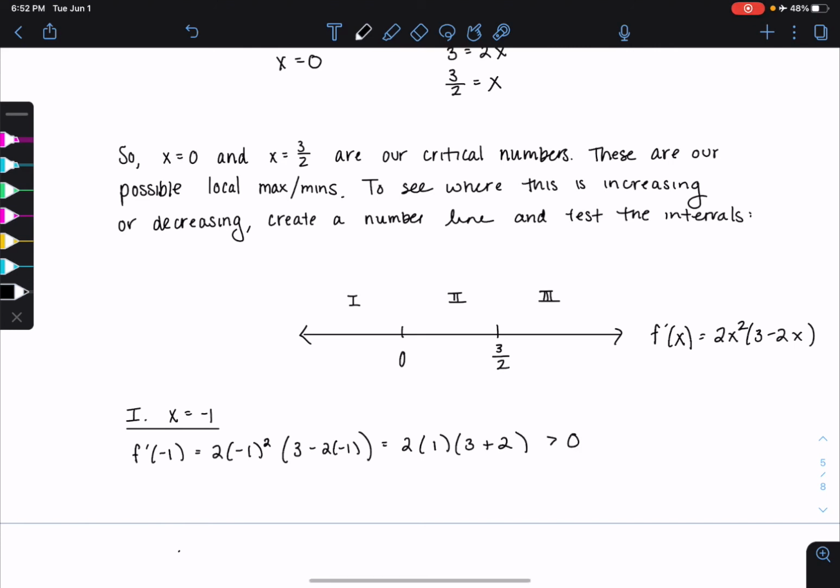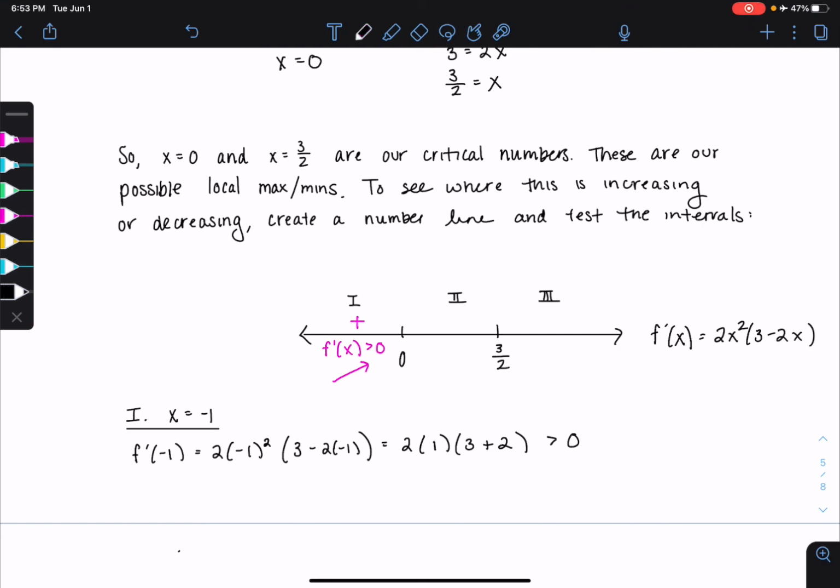This thing, I don't need to do any more work. It is definitely positive. So my derivative is positive here, which means immediately that my function is going to be increasing on this interval.